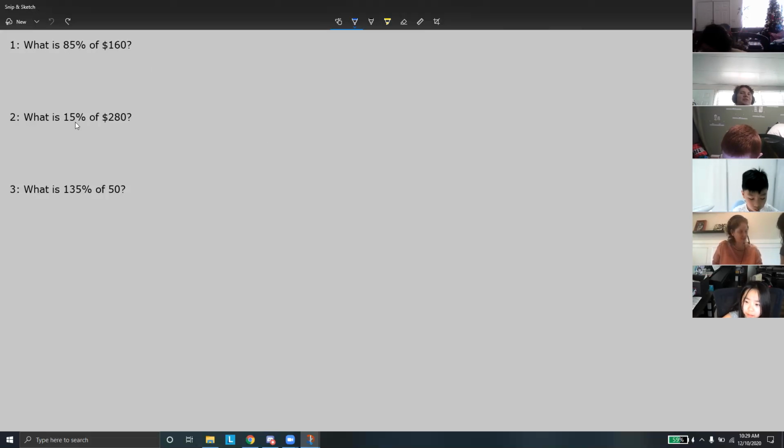In order to do each of these problems, we're going to need to turn the percentages into decimals by dividing by 100. And so, like for example, 85% is equal to 0.85.